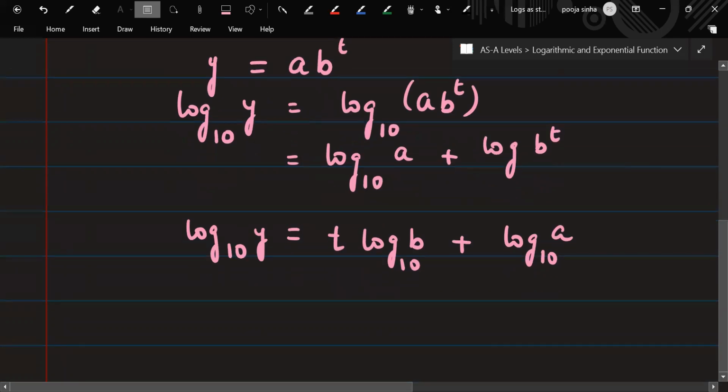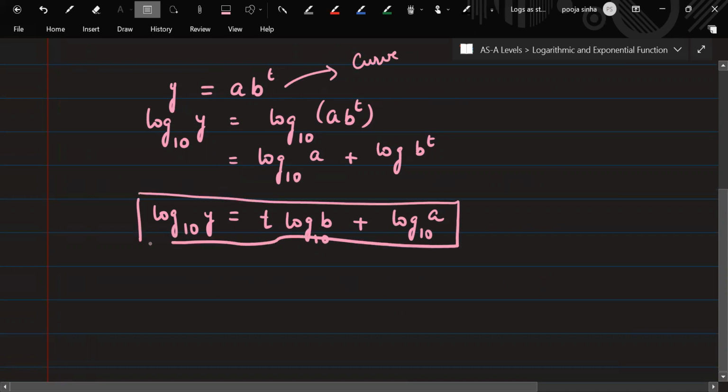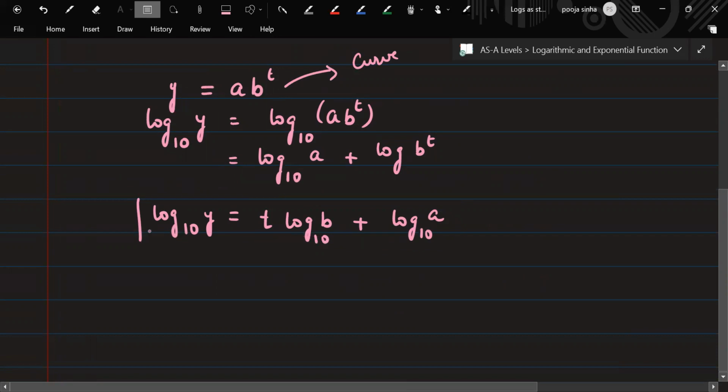Now obviously, y is equal to a b raised to power t was the curve, and what we got here is we are trying to convert that curve into a line, and we are successful in doing that.